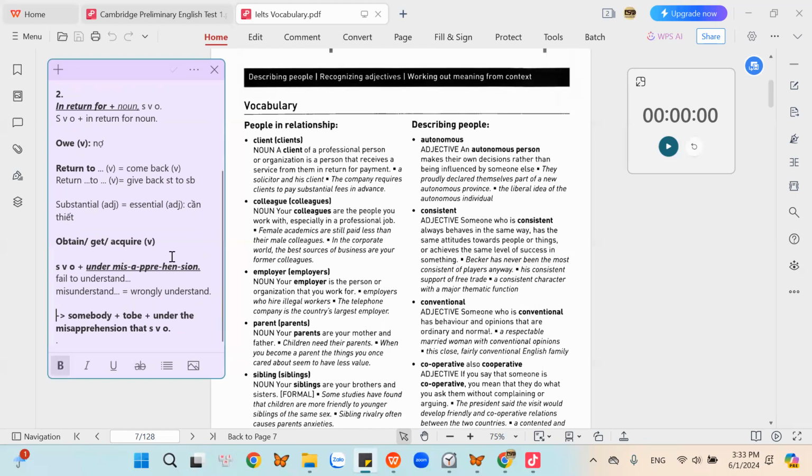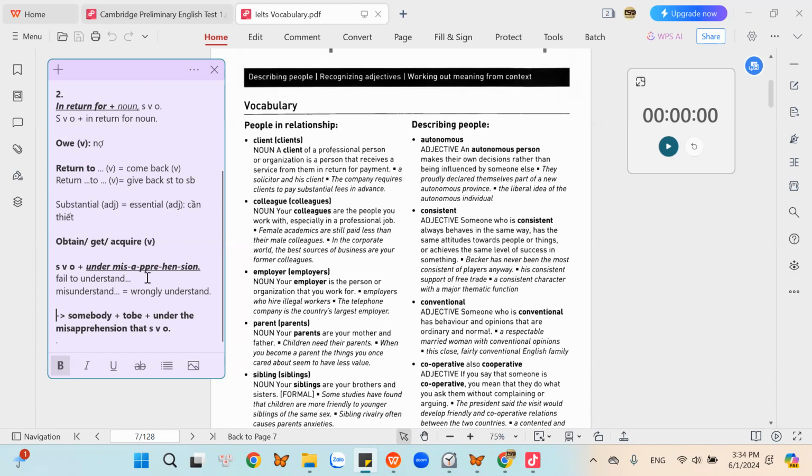I feel very excited. Under misapprehension. Oh no, misapprehension. Under misapprehension, yes.